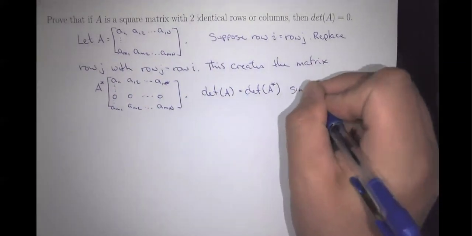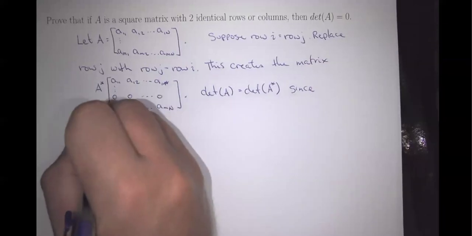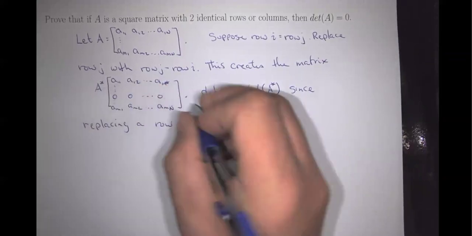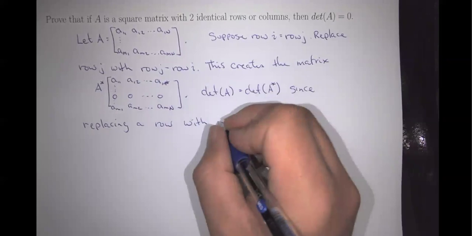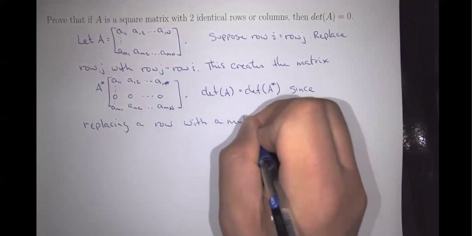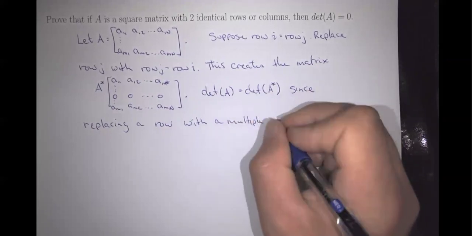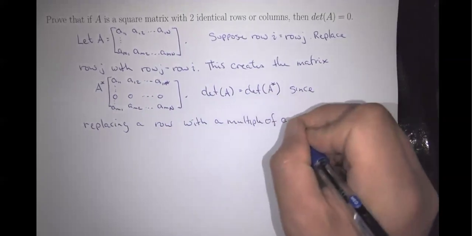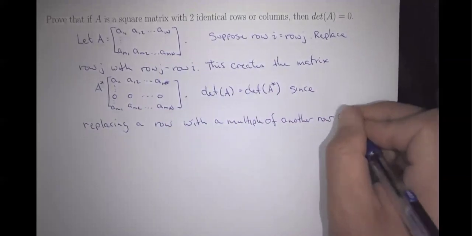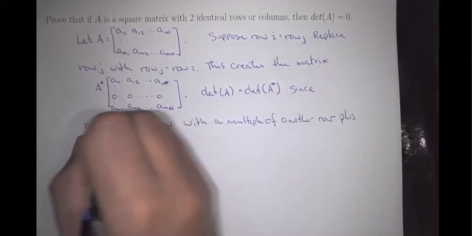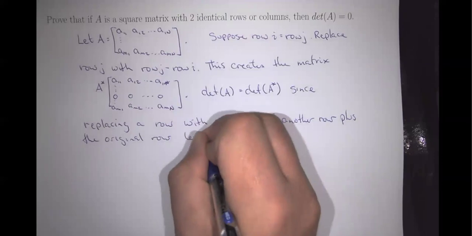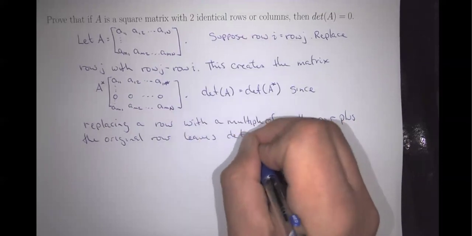This is true since replacing a row with a multiple of another row plus the original row leaves determinants unchanged.